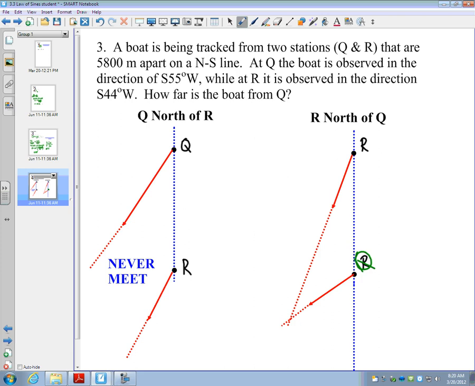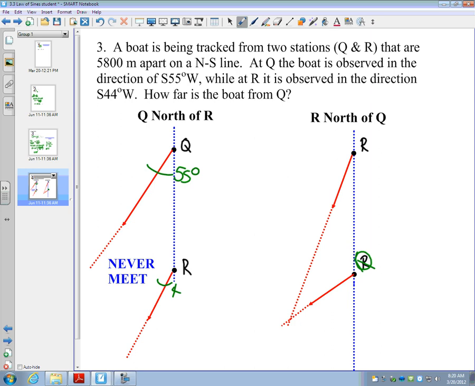Now, what this problem didn't tell us is whether Q is north of R or R is north of Q. So we have to look at each of these scenarios and see which case it is. Well, in this case, if Q is north of R, from Q, the boat was south 55 degrees west. So that means that this is 55 degrees. And from R, it's south 44 degrees.